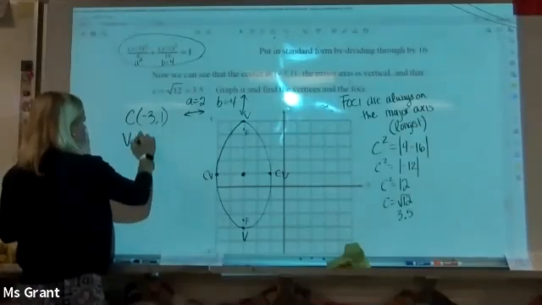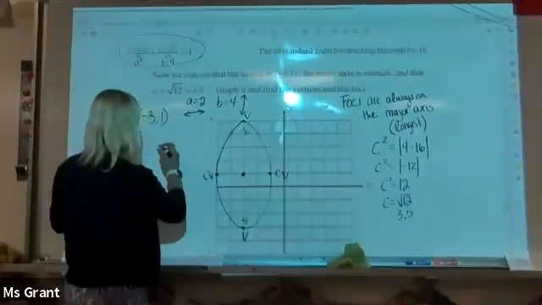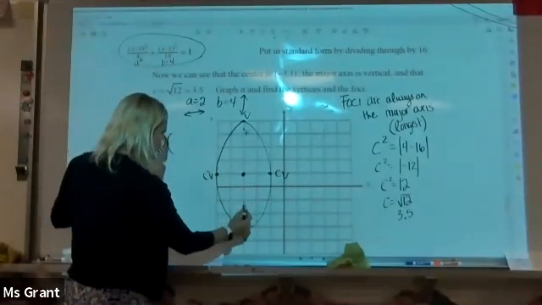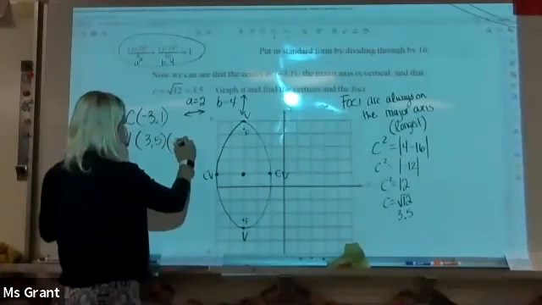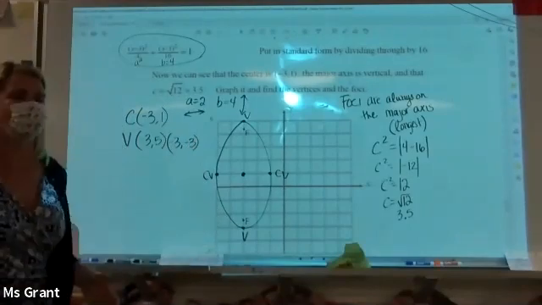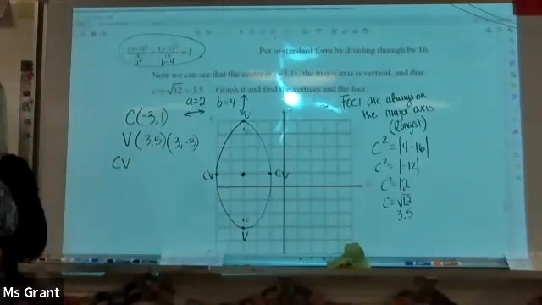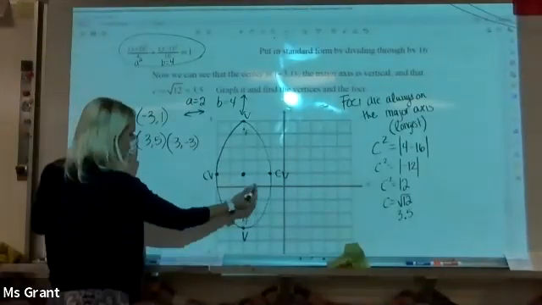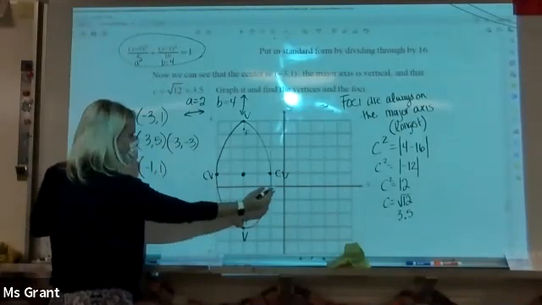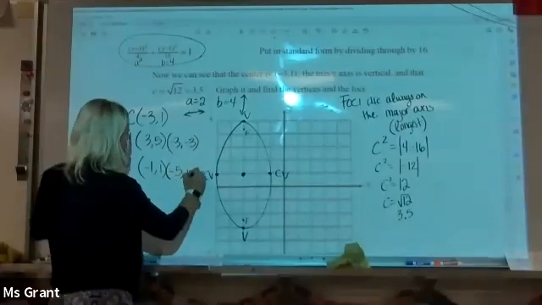Okay, my vertex, just easy. 1, 2, 3, up 5. -3, 5. -3, 1, 2, 3. So I'm just looking at the dot and saying, what's its ordered pair? My covertex: -1 up 1, -5 up 1.